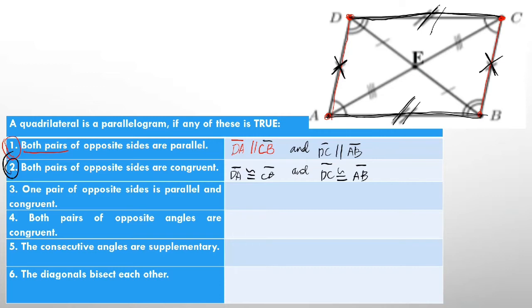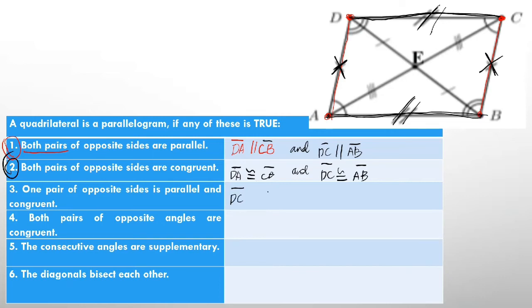Ngayon naman sa number 3, sabi dito, one pair of opposite sides are parallel and also congruent. Sige, mamimili lang tayo ng one pair ng opposite side and titignan natin if pareha siyang parallel and congruent. So, let's try the DC. Itong line DC natin, ang opposite side niya is yung line AB.